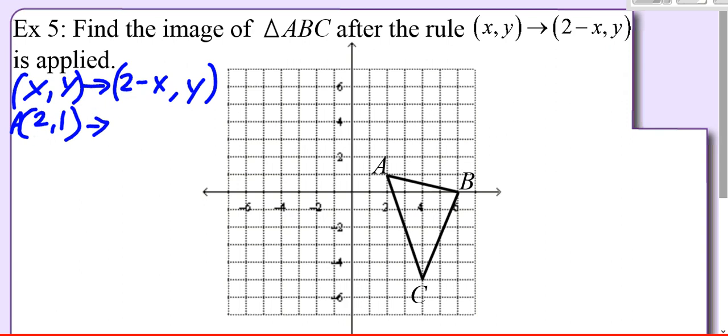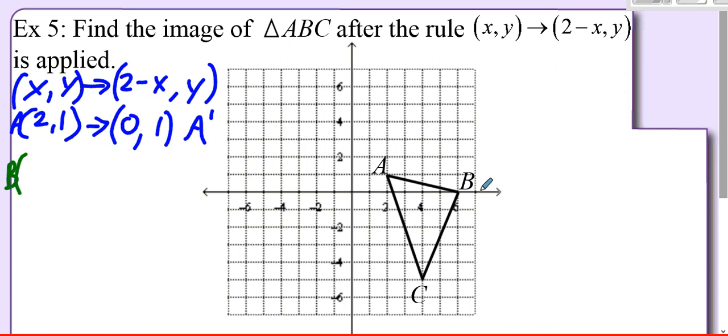X was 2. So it's 2 minus 2 is 0. And then y stays the same, so 1. And that would be A prime. We'll draw it when we're all done.